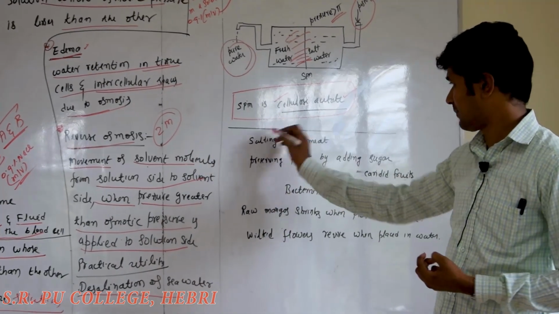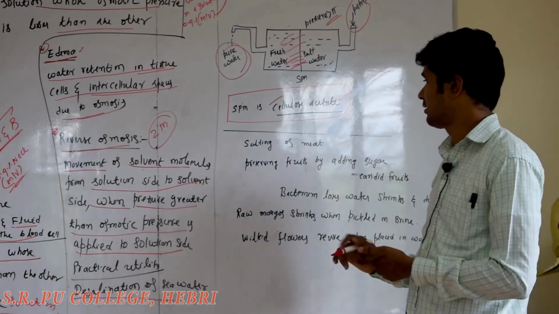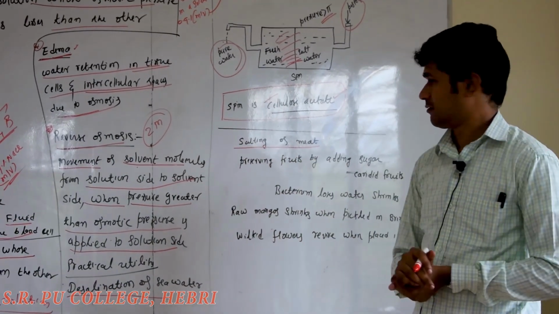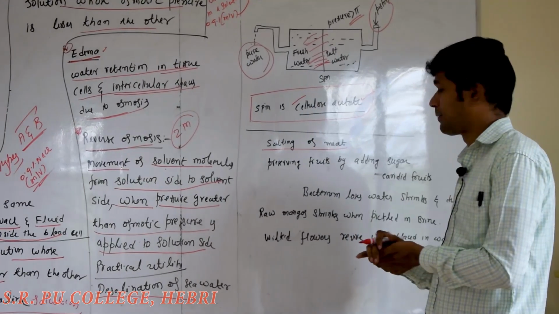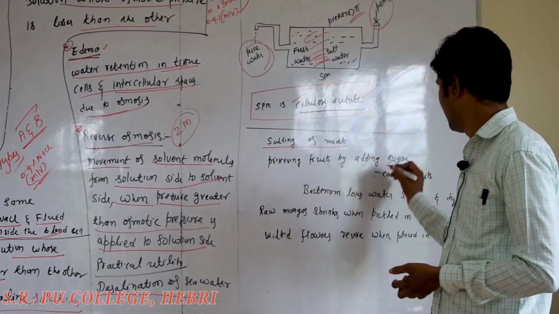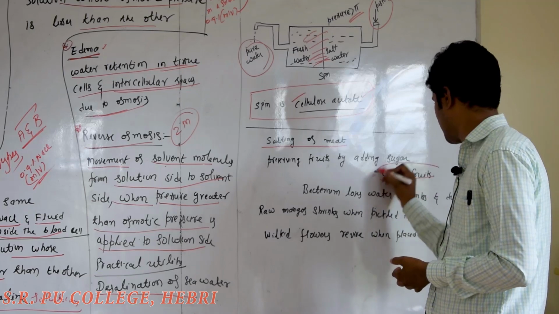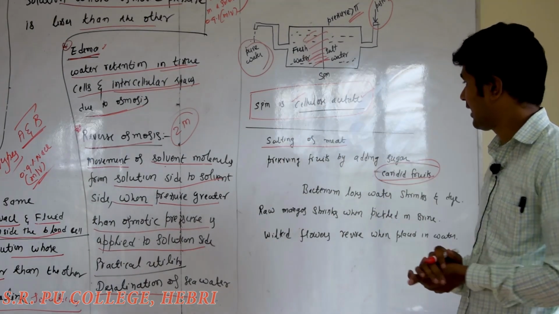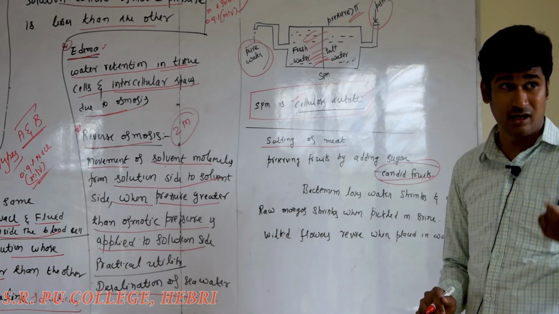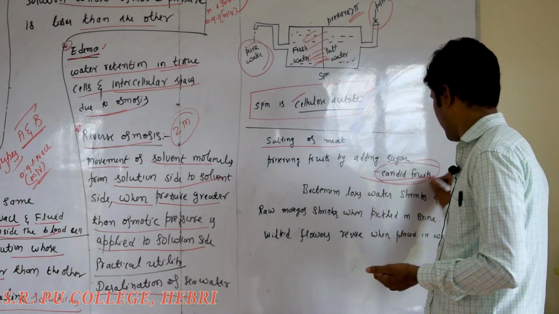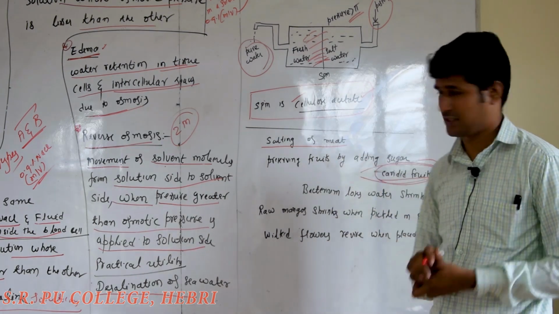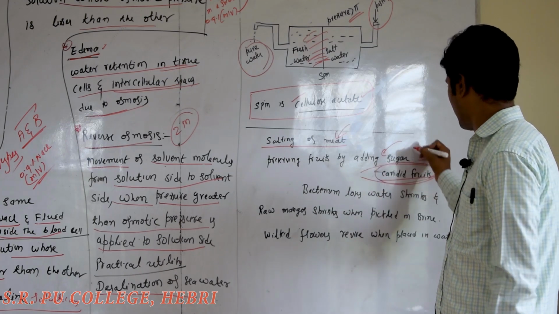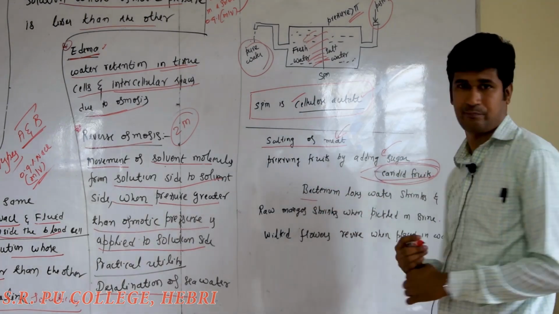I'll give some examples of osmosis, already given. How do we preserve dry meat? Salted meat can be preserved for a long time. Even candied fruits, the fruits preserved using sugar. Why can you preserve salted meat and candied fruit for a long time? It's because of osmosis. On salted meat or candied fruit, bacteria slowly start growing.